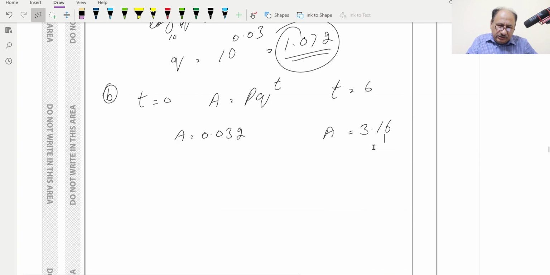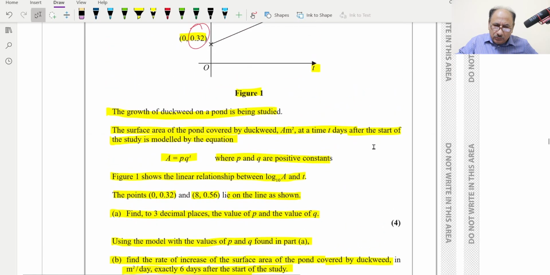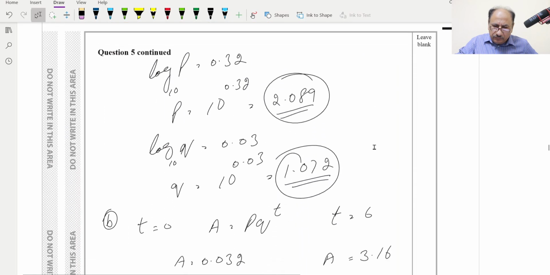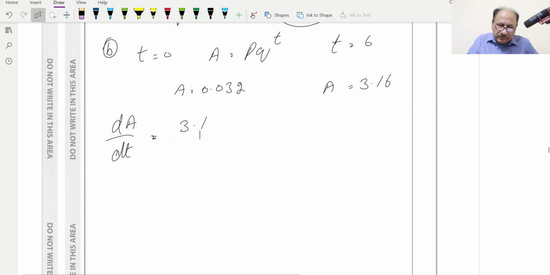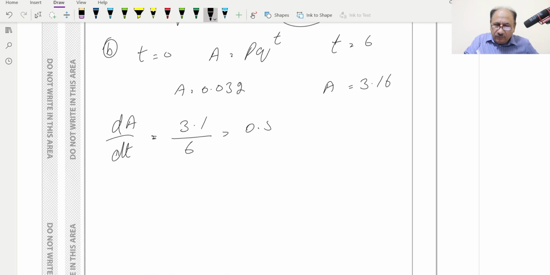So the rate of change, we can find dA over dt, will be equal to 3.13 divided by 6. 3.13 divided by 6 will be equal to 0.52, 0.5217.